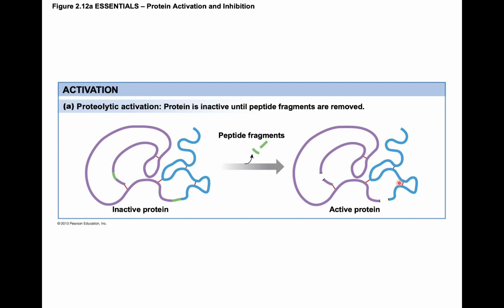And it is protein structure dictates protein function. I will say it again. Protein structure dictates protein function. So if you change a protein's structure, as we did here, we change its function from inactive to active.